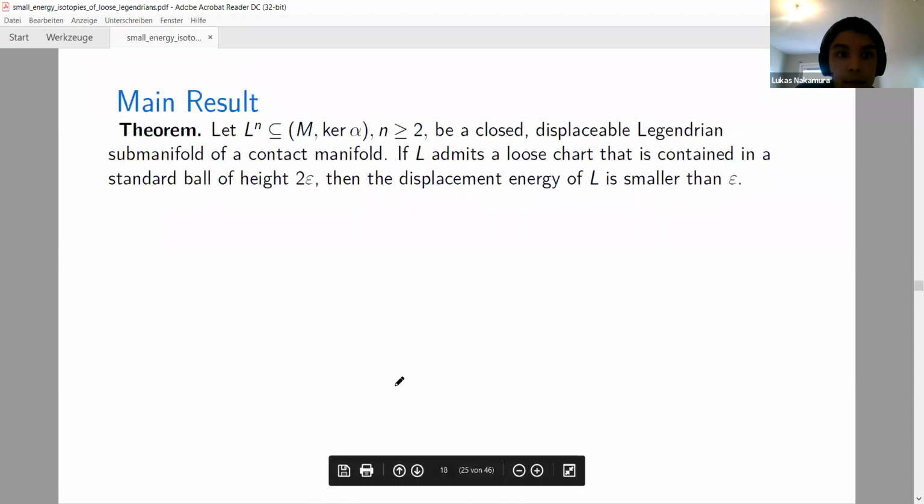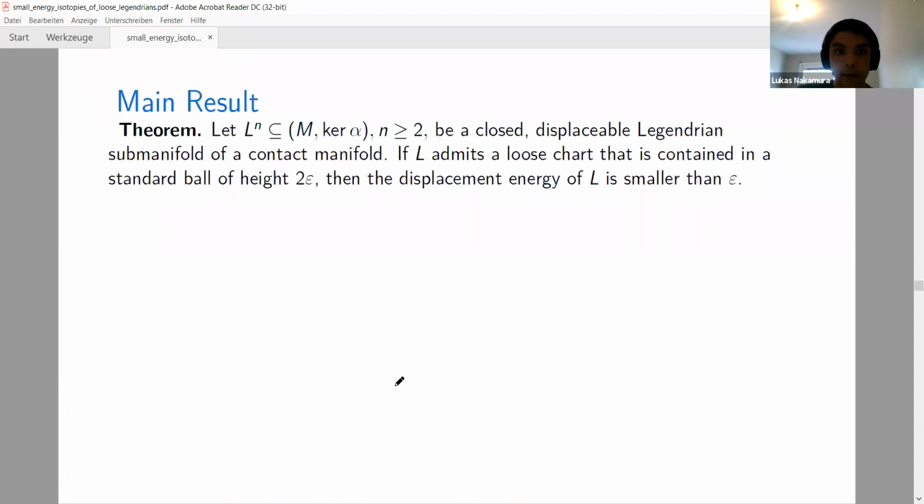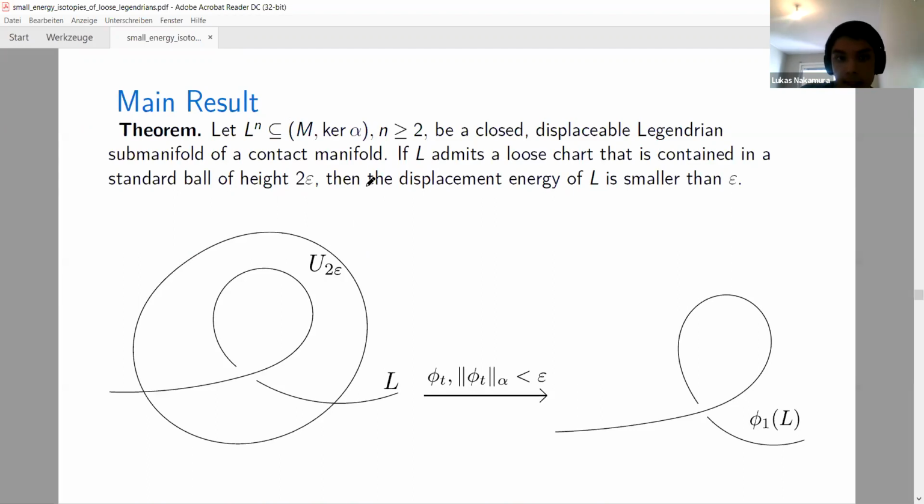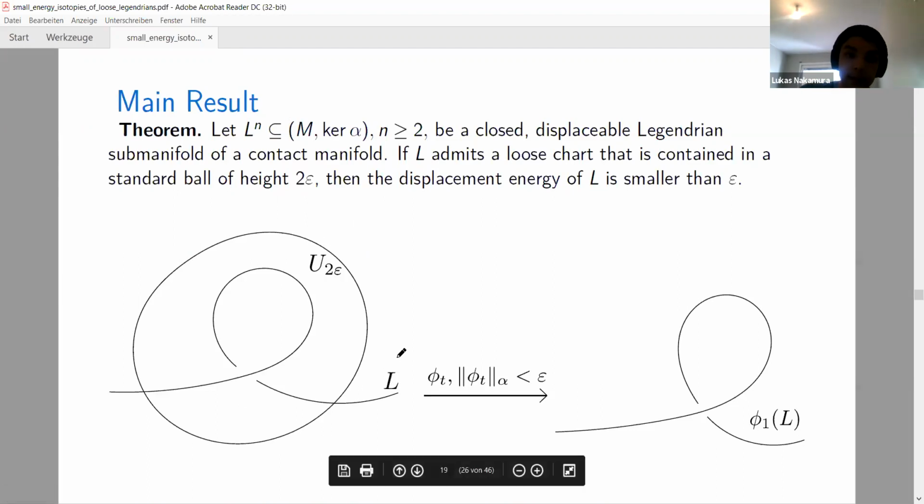Coming back to the statement of the result: if L has a loose chart inside the standard ball of height 2 epsilon, then its displacement energy is smaller than epsilon. The picture looks like this. You have this Legendrian L, which has a loose chart contained in this ball of height 2 epsilon.